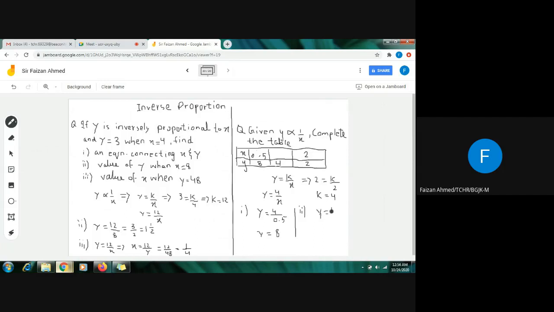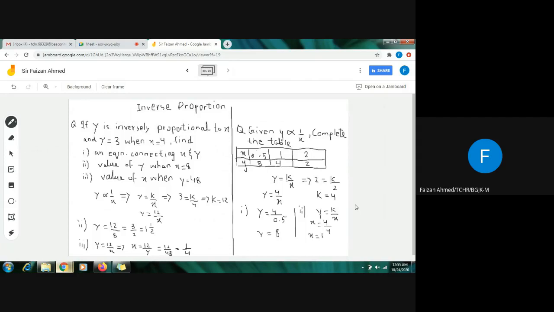Since I have to find the value of x, I will make x my subject, and I know that x will be equal to k upon y, and I will write the value of k as 4, and then again the value of y is also 4. So the value of x will be 4 divided by 4, that is equal to 1. So you just have to make an equation, and the rest is very simple.